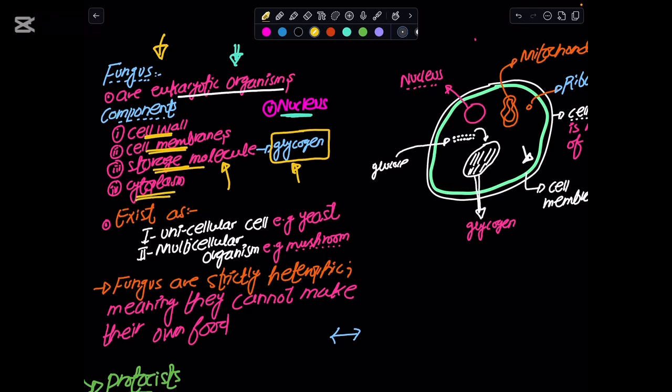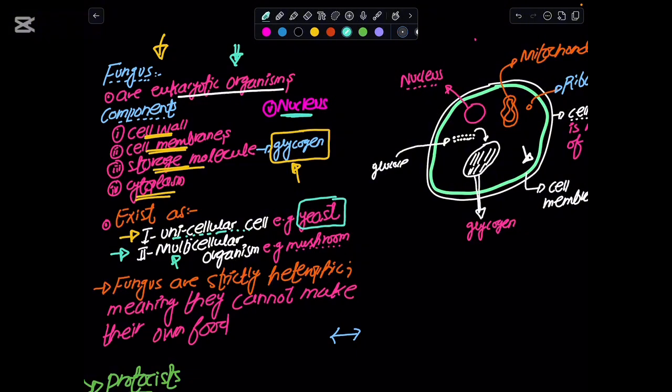And then, like our cells, like the bacterial cells and the plant cells, they have cytoplasm as well. Moving further, these fungi are subcategorized as either unicellular or multicellular. Unicellular means that the fungus comprises just one cell, and multicellular fungi are made of many cells.